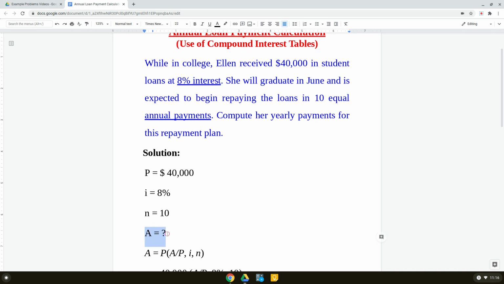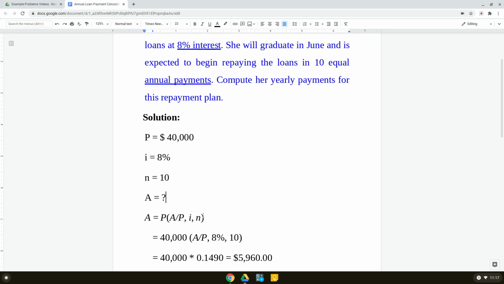The same amount every year she will have to pay back for 10 years to pay back her loan completely. So that's what we want to find out. F, letter F, which indicates future value, is not given in the problem, and we don't have to worry about that because we don't want to calculate future value. It's the problem of calculating the annual payment, A value, right? So F is not important here.